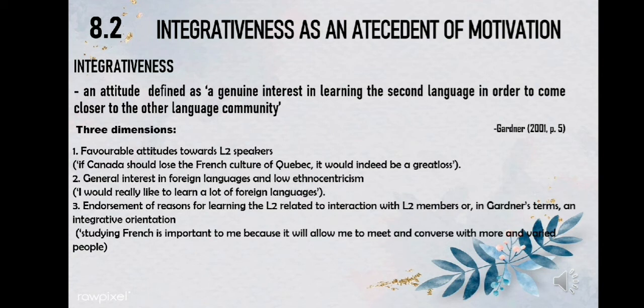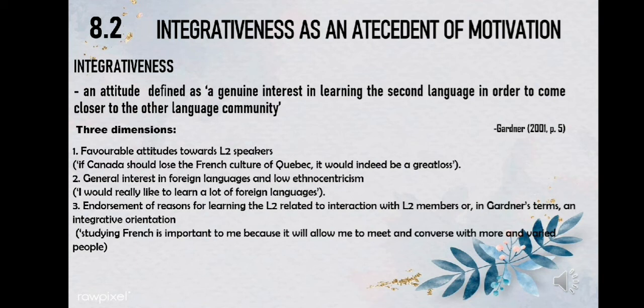For learners who score very high on integrativeness, such as the three dimensions above combined, complete identification with the second language community may be observed. For example, learners may express desires to think and behave like a person from the second language community, at times to the point of detachment from the first language community.